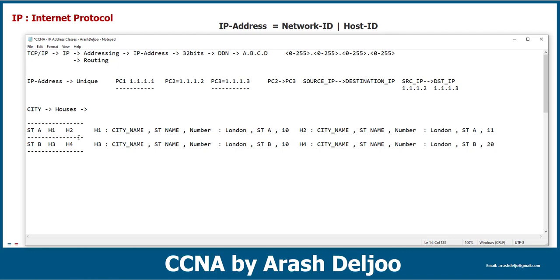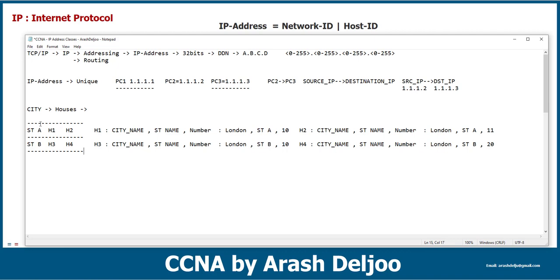Host 1 and host 2 are using the same city and the same street: London, street A, London, street A. Host 3 and host 4 are also using the same city and the same street.